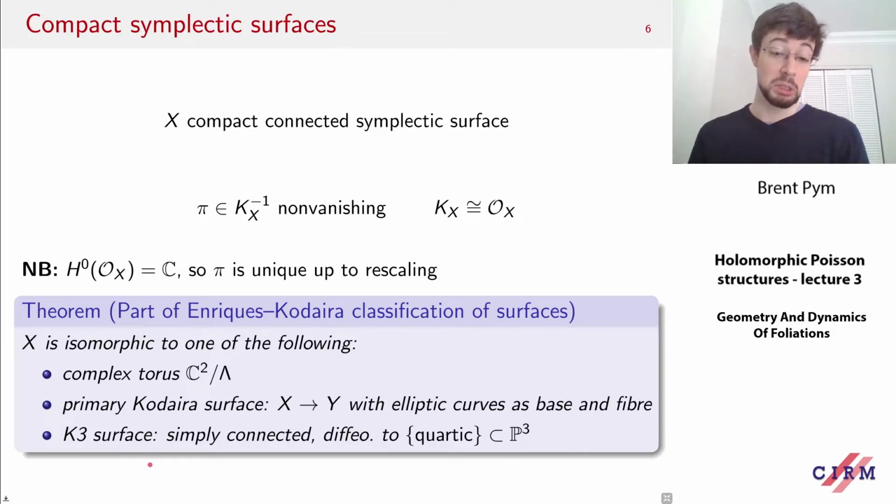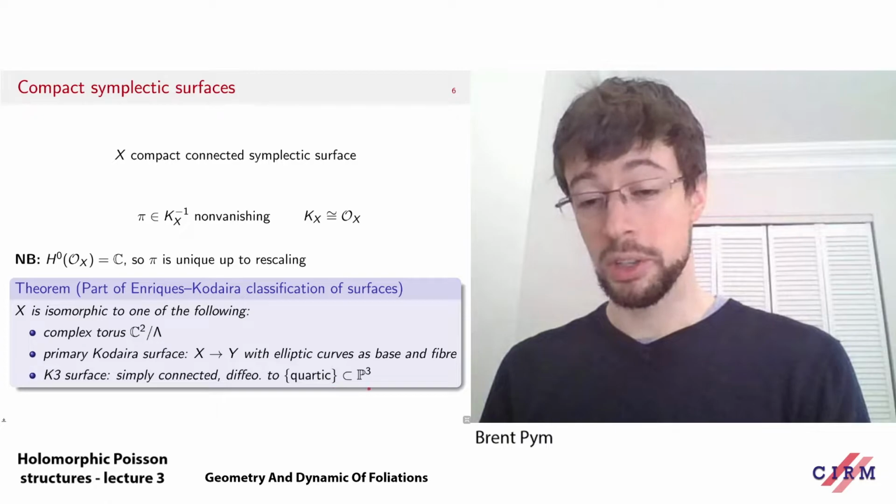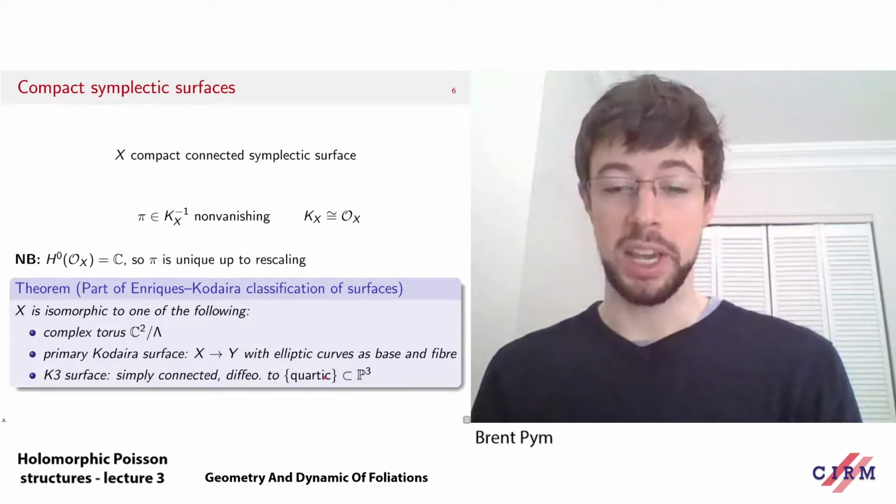And finally, perhaps the most interesting examples are the so-called K3 surfaces. These are the only ones which are simply connected. They're all diffeomorphic to the surface in P3 cut out by a quartic equation, so an equation of degree 4. So the quartic surfaces in P3 give a collection of K3 surfaces.